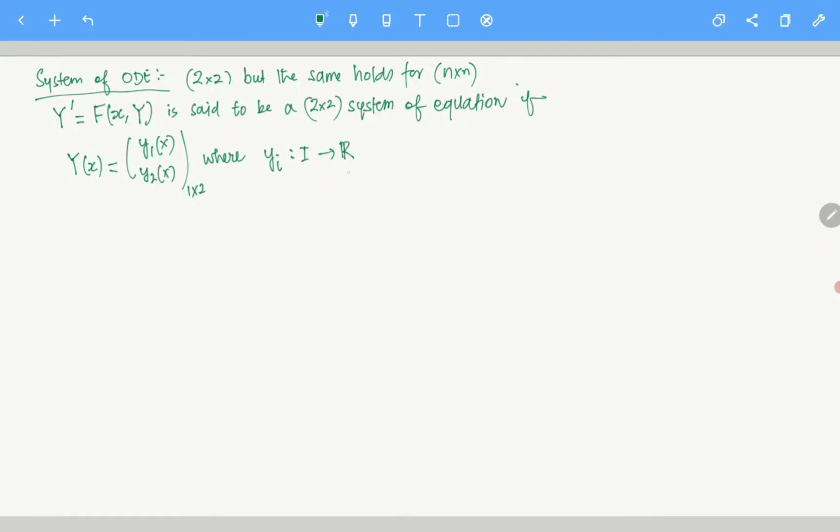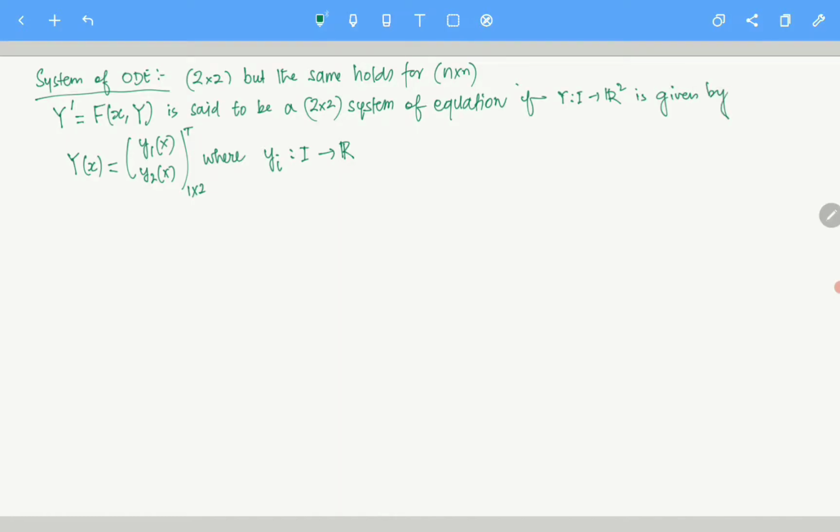Sorry, this is the transpose. I have to take a transpose. So yi is from I to R, is a function, and you are defining a capital Y which is from I to R2.